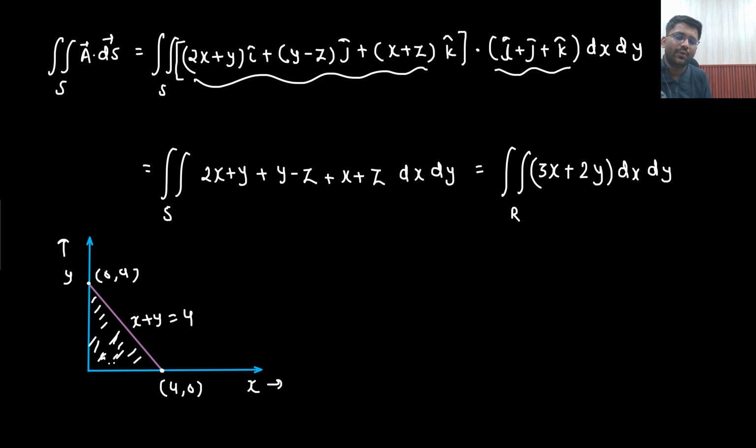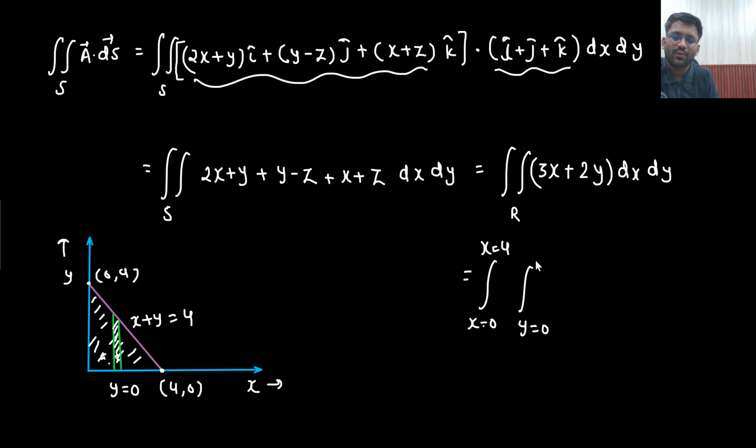Right? So what will you do? You will take a vertical strip. In this vertical strip, x is going from 0 to 4, and y is going from 0 to 4 minus x. Constant limit we will take later on, variable limit we will take first.